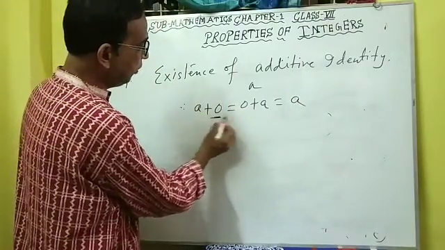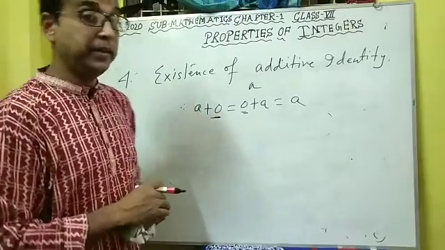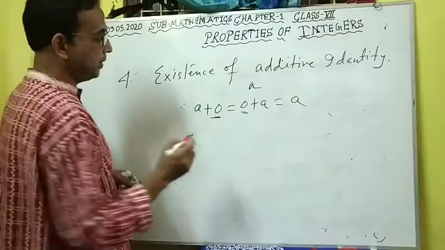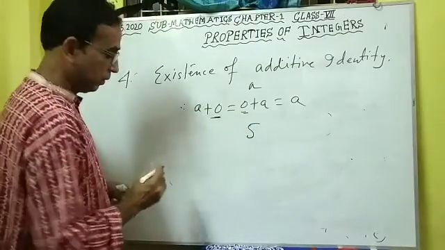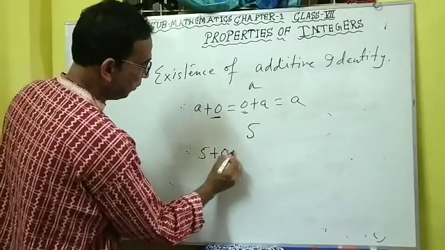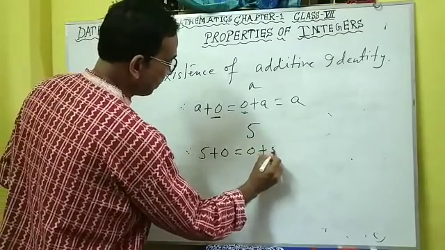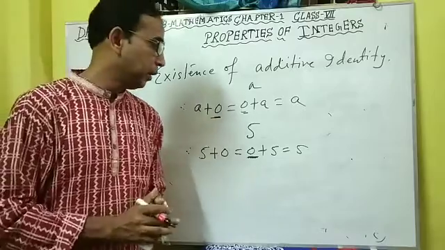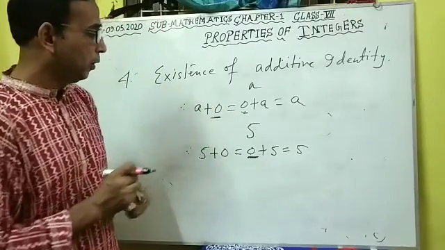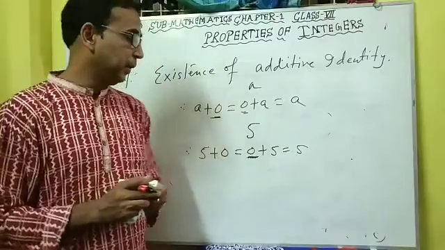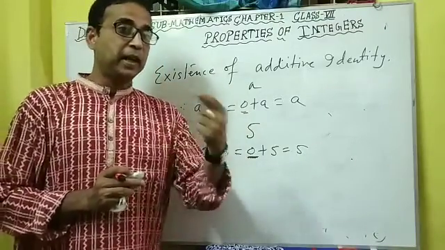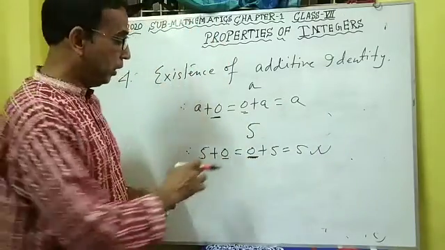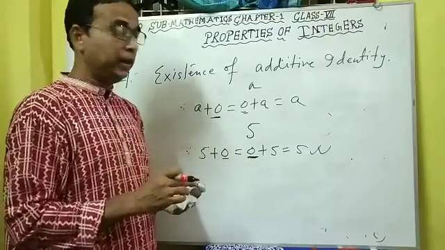Here 0 is the additive identity. For example, consider an integer 5. Then 5 plus 0 is equal to 0 plus 5 is equal to 5. Here 0 is the additive identity. From this example, we can conclude that if any integer is added to 0 to get the number itself, here 0 is the additive identity.